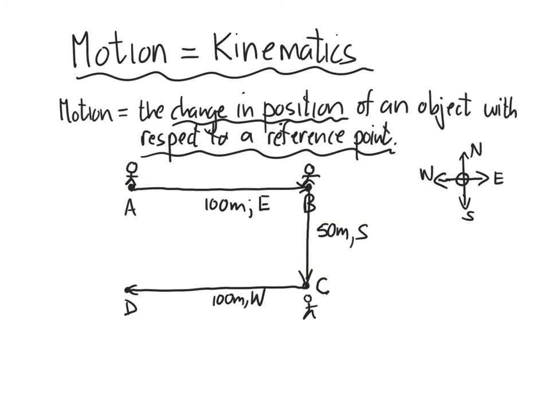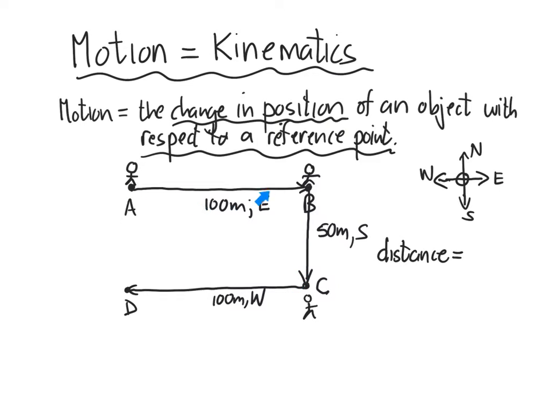So now if we ask what is the total distance, then we must refer back to the definition of distance, and that is that the distance is the length of the actual path traveled by the object, in this case the person.